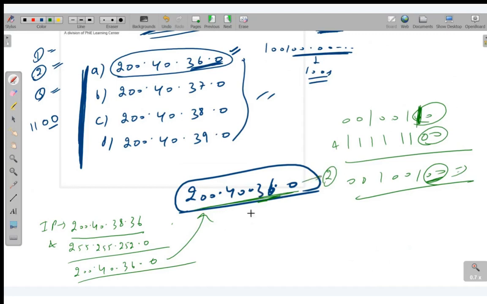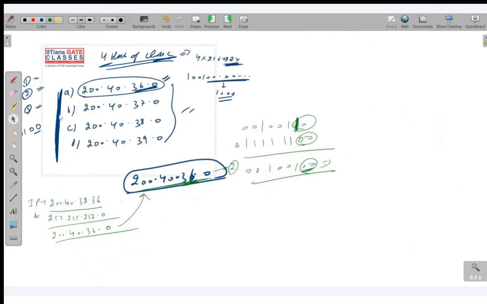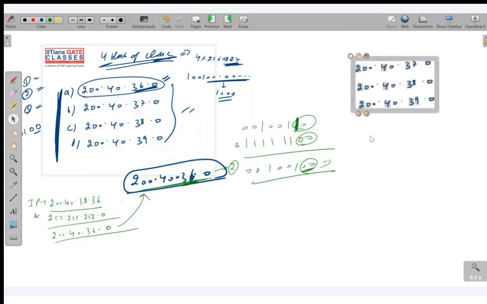Any doubt here? No, sir. Okay, so now imagine if the first address is not divisible by the total number of IP addresses. For example, if I want to give these three and one more, I am taking 200.40.40.0.